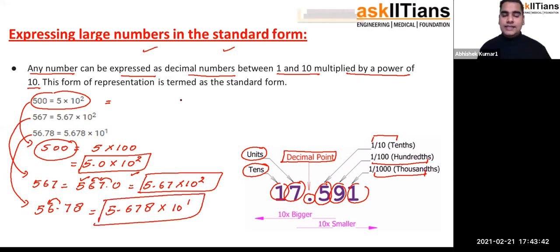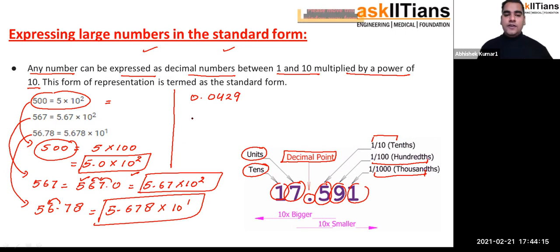Let me take one more example here. Let's say you have 0.0429, and you want to write it in standard form. This number is a bit different from the numbers we selected earlier. I need to make sure that there is only one non-zero digit on the left side of the decimal and the rest of the digits are on the right side.